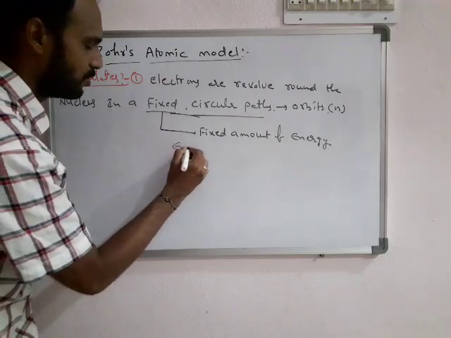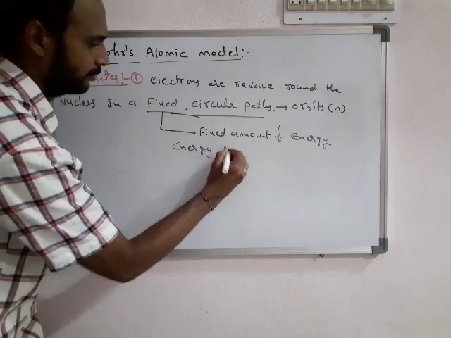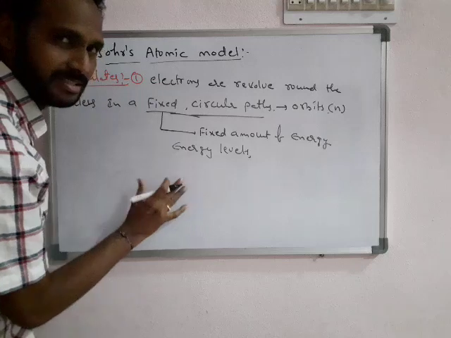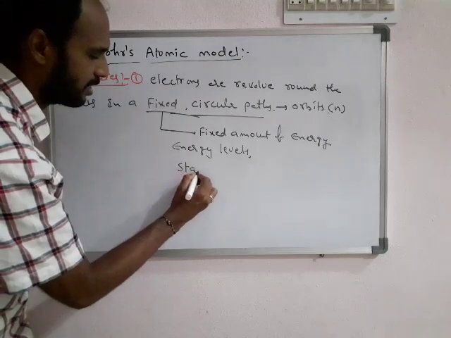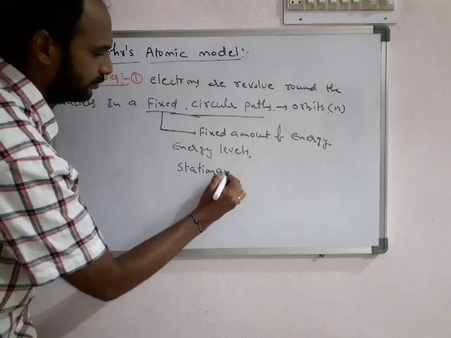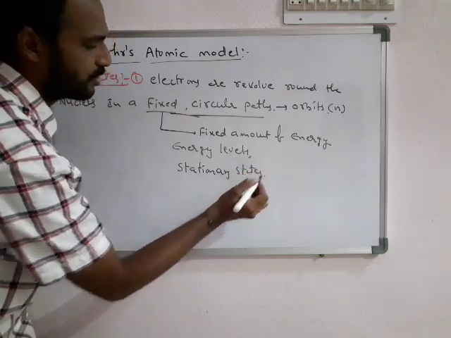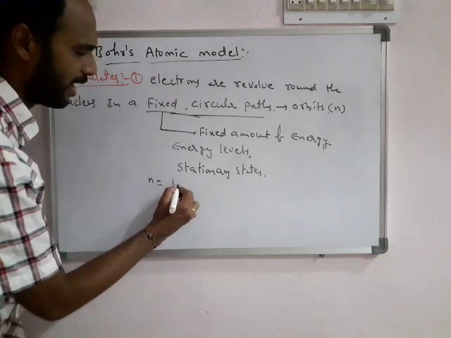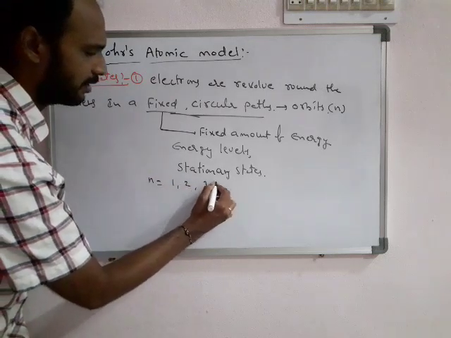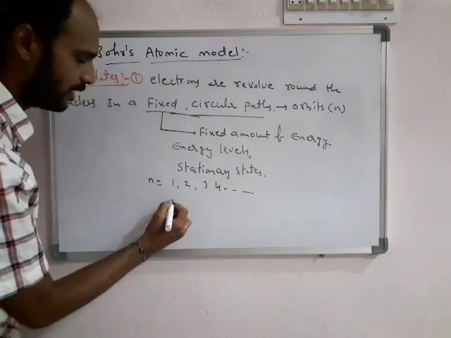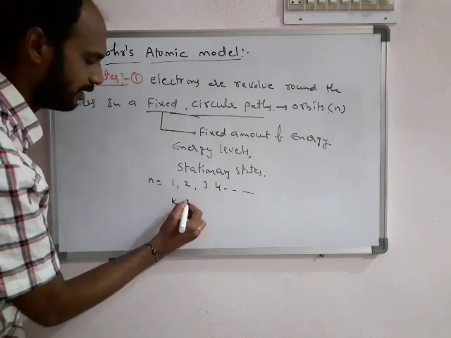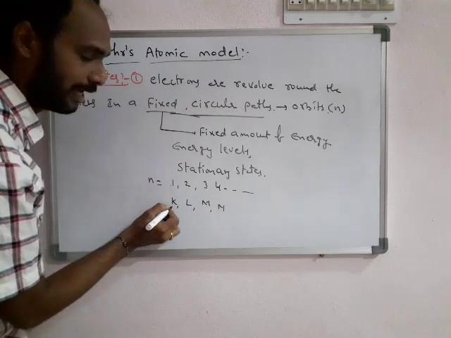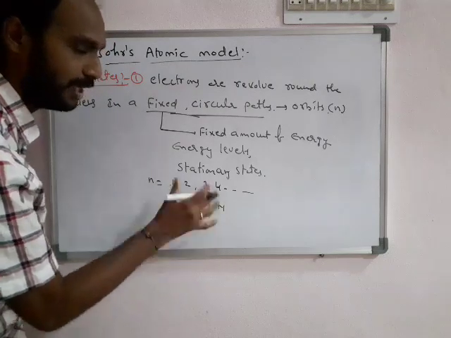That's why they are also treated as energy levels. Their energy is fixed, stable, a standard value. That's why they are also known as stationary states. Generally, they are named first level, second level, third level, fourth level, and so on, with the letters K, L, M, N.